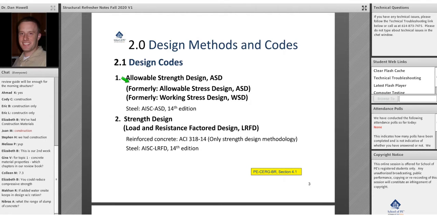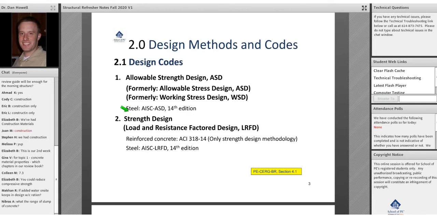We only see this in the steel manual. It's also known as the allowable stress design, as opposed to strength or working stress. And it's a very quick and easy method in the exam, mainly on the loading side, as we'll see as we go through the week.